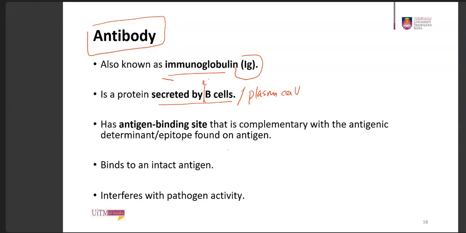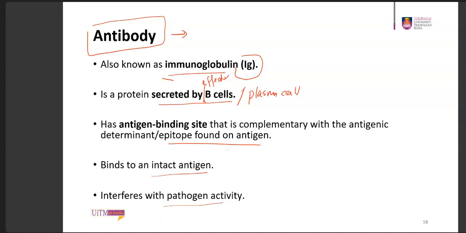It has an antigen binding site that is complementary with the antigenic determinant or epitope found on the antigen. So it binds to an intact antigen, and then interferes with the pathogen activity.